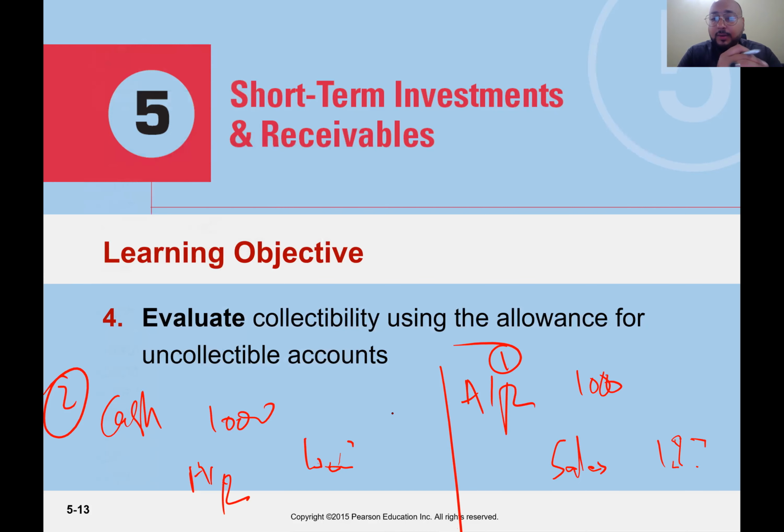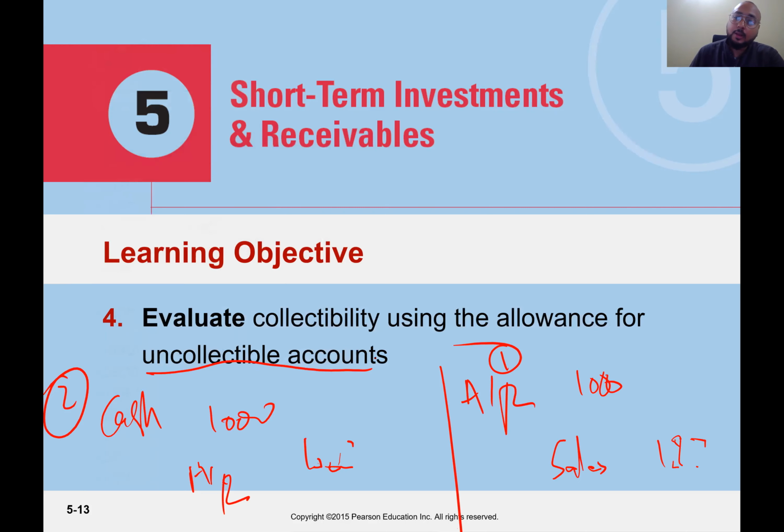So it means there are some uncollectible accounts. Even though you are very careful, you are giving credit only to those customers who have established a past history with you, even then, some clients may go bankrupt, may have difficulty, or maybe their business is just closed, or they did fraud or something, and they are unable to pay.